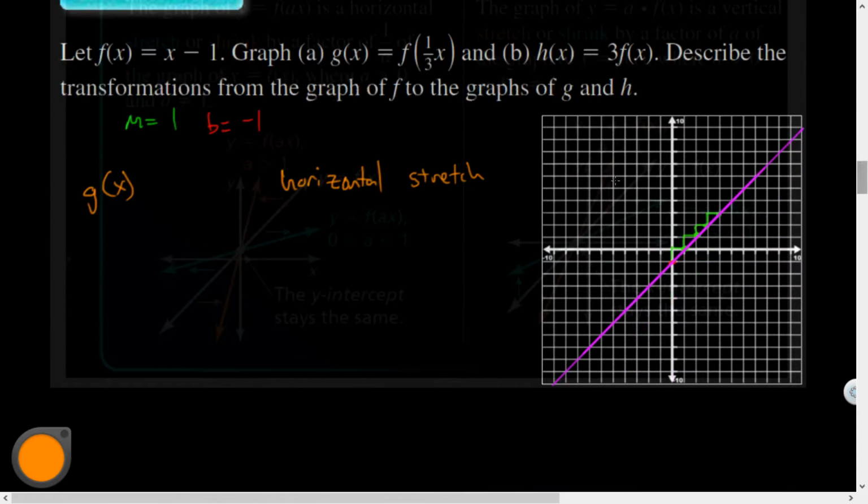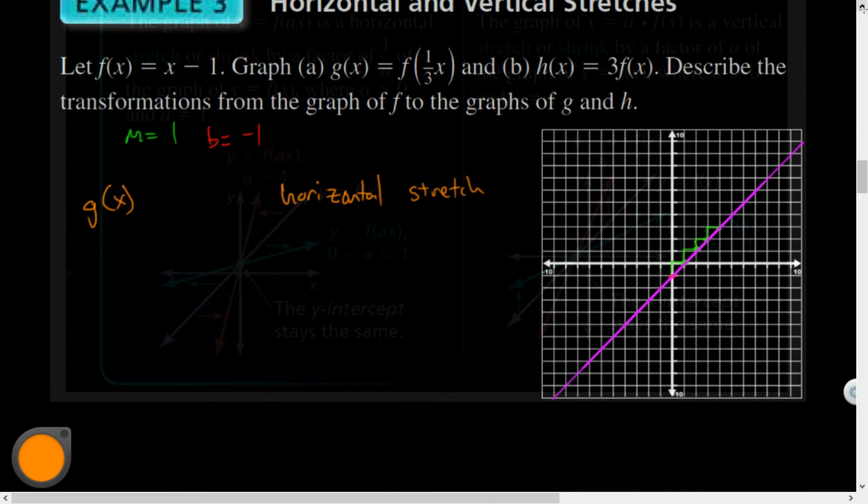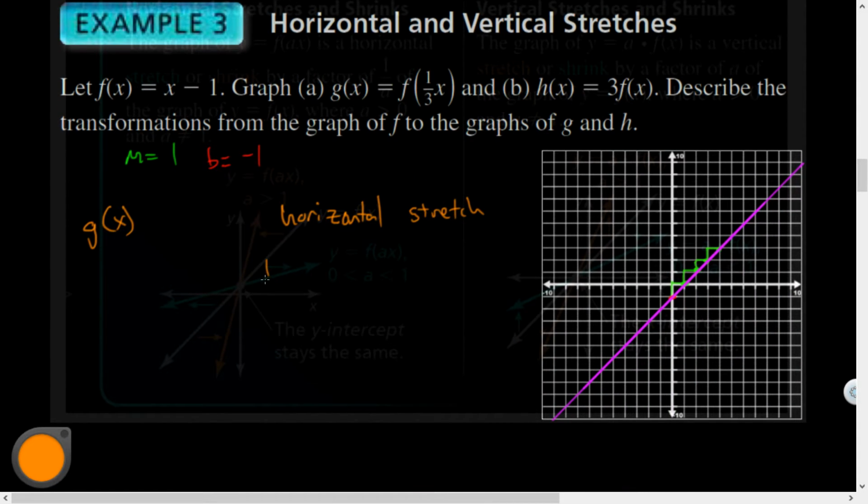So what is 1 over 1/3? Does anyone know how to deal with a fraction within a fraction? That's actually just equal to 3. All right, so it's a horizontal stretch by a factor of 3.